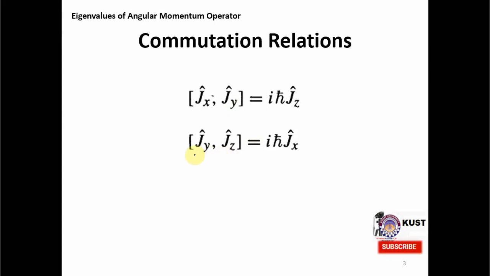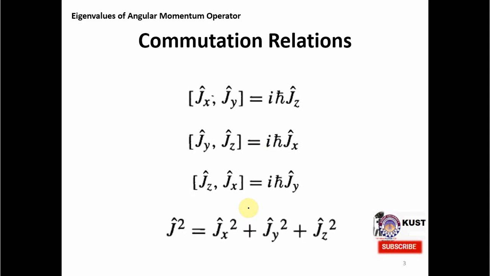Usually the rule is that if you want to calculate the commutation relation between any two components of the angular momentum, then the result will be equal to the third component, which is not included in the commutation relation, with a factor of i h bar in front. And similarly the third one. Another important thing about the angular momentum is the square of the angular momentum.